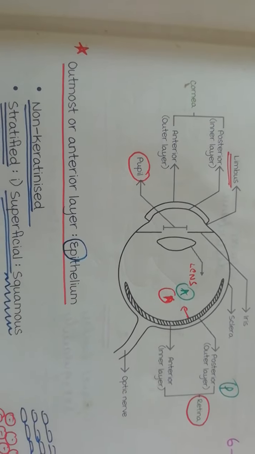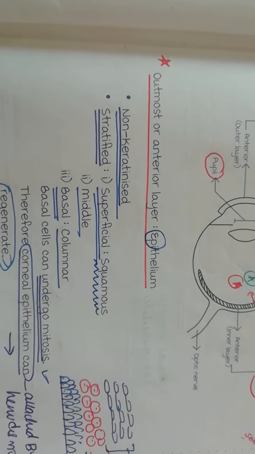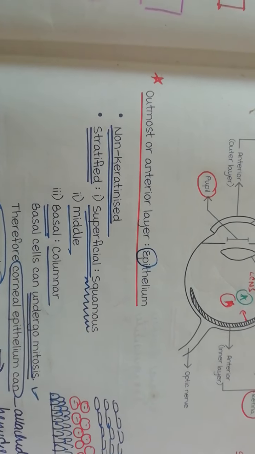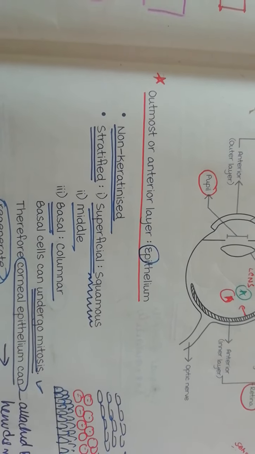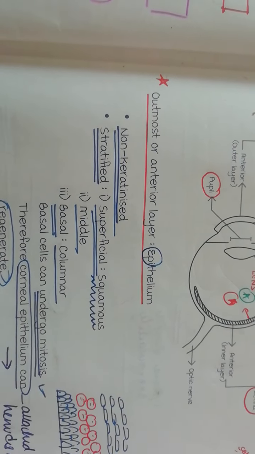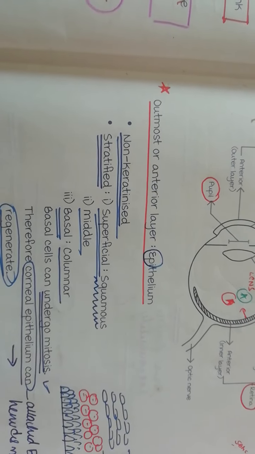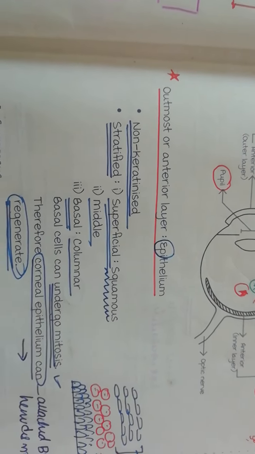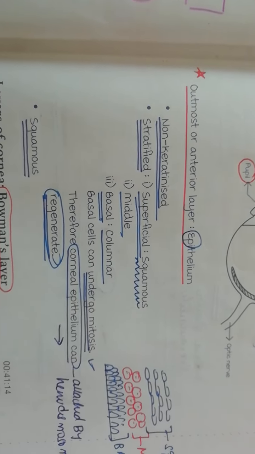But the point to be noted here is the outermost or anterior layer, that is the epithelium. The first layer of the cornea, the anterior-most layer, is the epithelium. The epithelium is non-keratinized, and it is a stratified squamous epithelium.